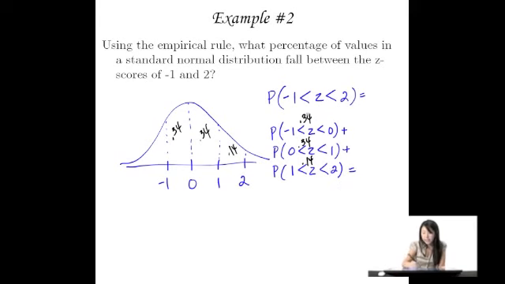And that would give us 68, 70, 82. 82% of the curve. That's one way of doing it. Another way you could possibly do this is, I just know that this is 2%, right?